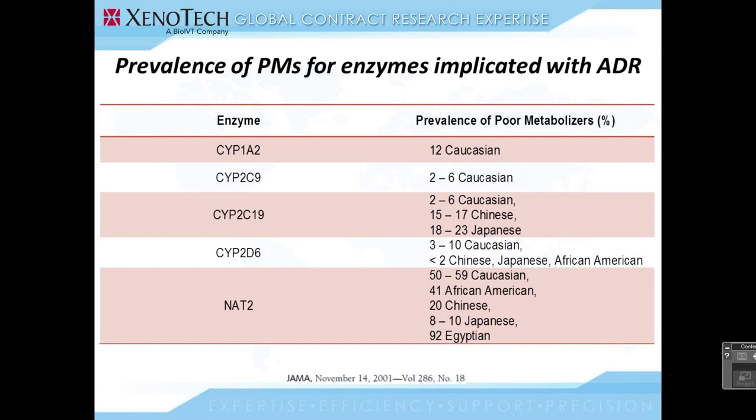Also, I'd like to touch on CYP1A2. This table indicates that the prevalence of poor metabolizers is about 12% in Caucasians. Alleles *1C and *7 are associated with a reduced activity of CYP1A2. They are both rare alleles.